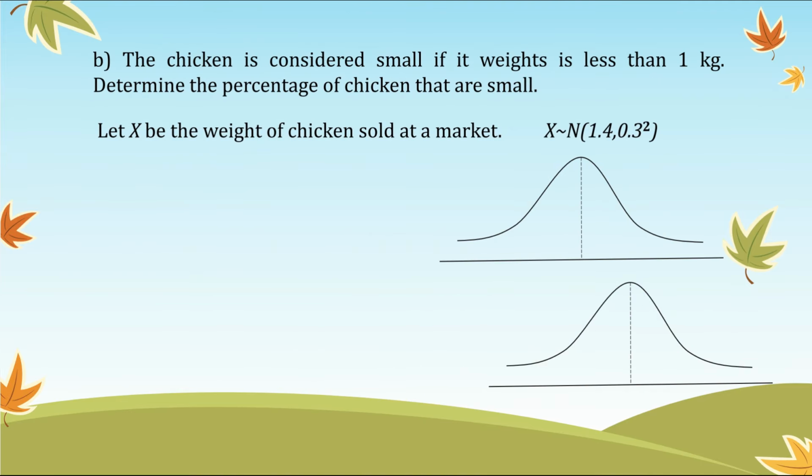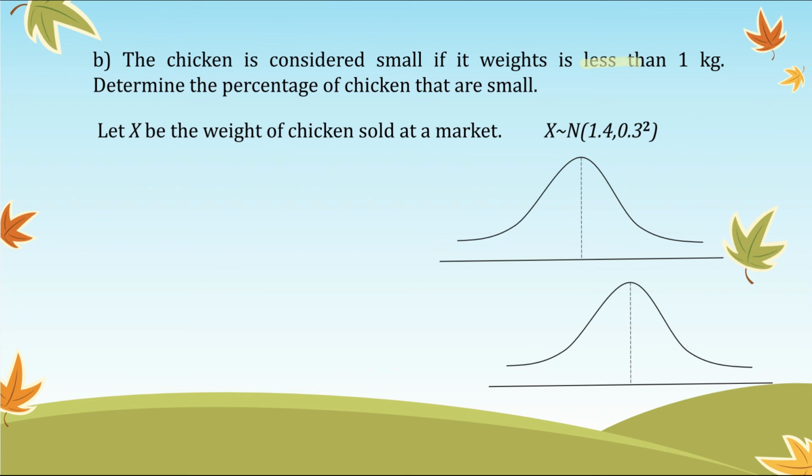For B, the chicken is considered small if it weighs less than 1 kilogram. Determine the percentage of chicken that are small. X is the weight of chicken sold at the market, and the normal distribution is 1.4 and 0.3 squared.